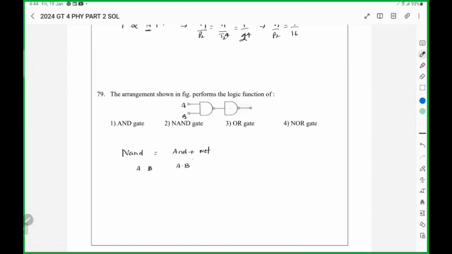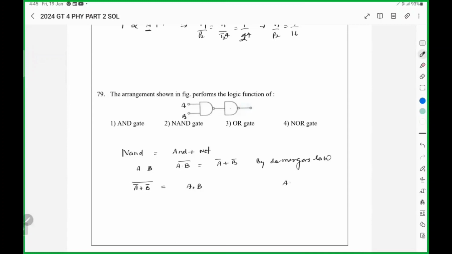So AND plus NOT, by De Morgan's law, gives another NAND gate. A bar plus B bar is the input signal. So the output signal will be A dot B.